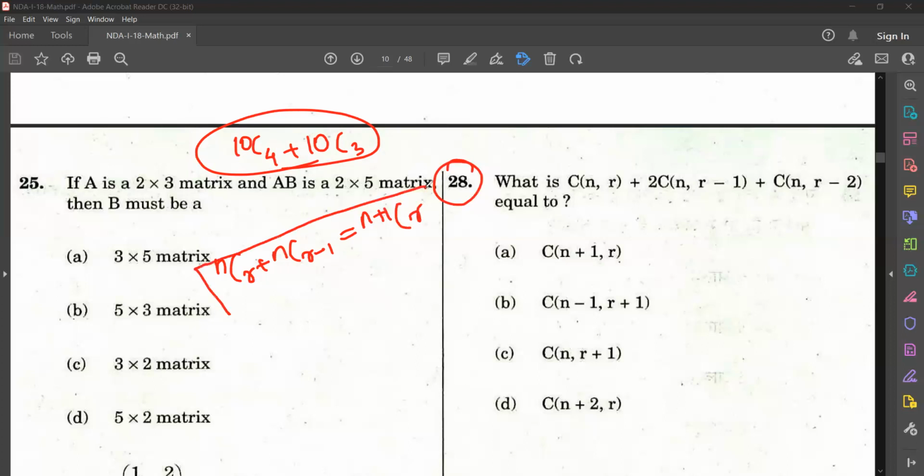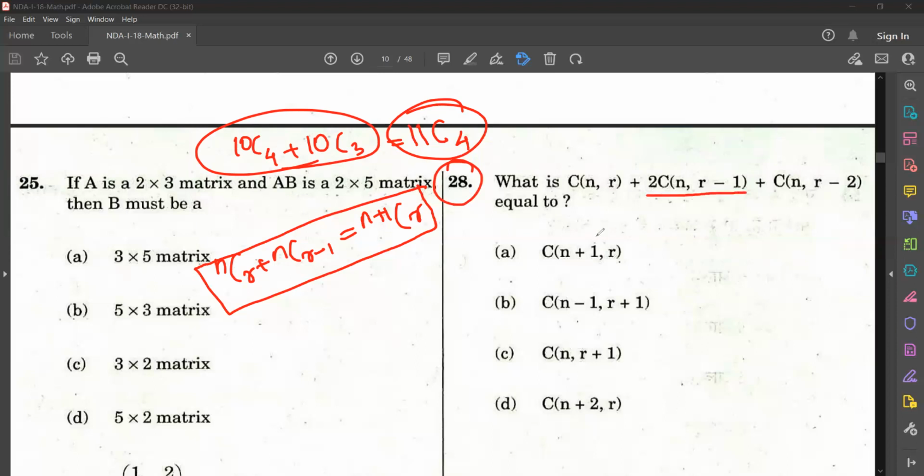So this is one property of combination that we are studying. That means this one we can write as N plus 1 CR, means 11C4, where R is 4. Just taking some numbers as an example. So if NCR plus NCR minus 1 is N plus 1 CR, try to use that here.